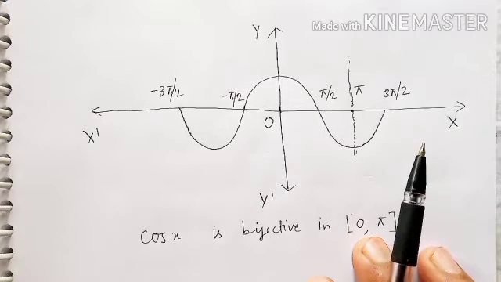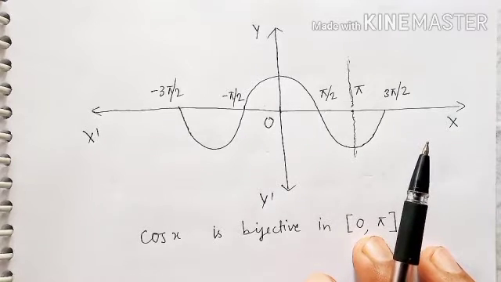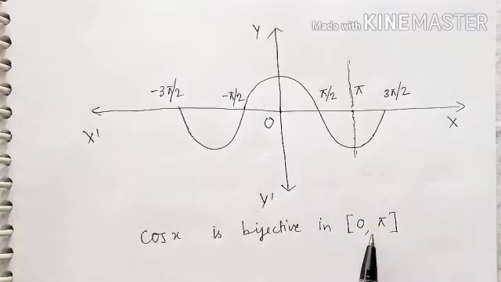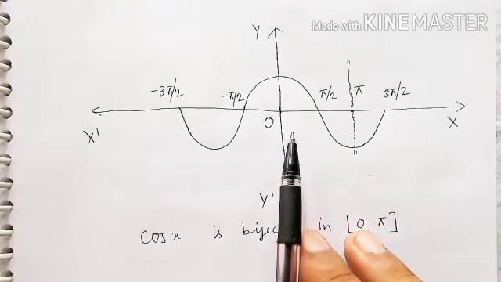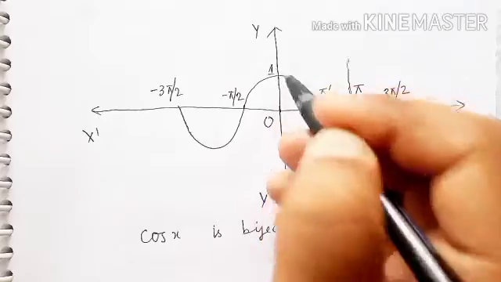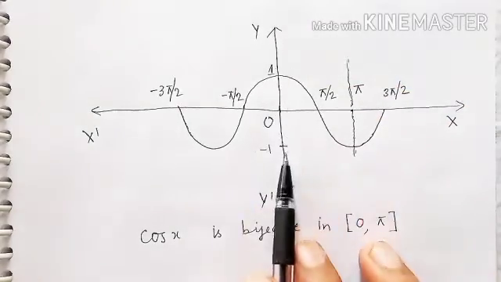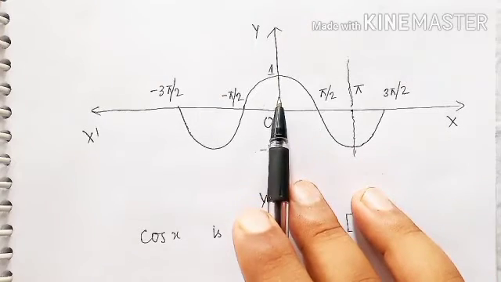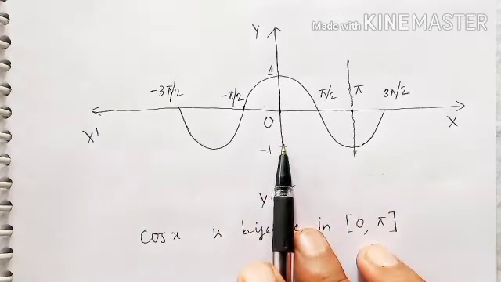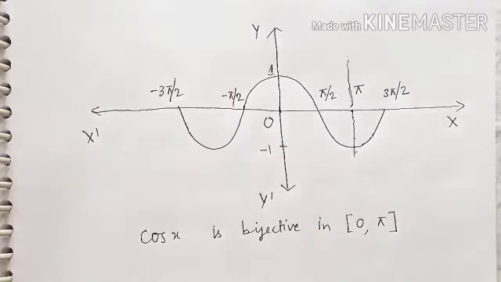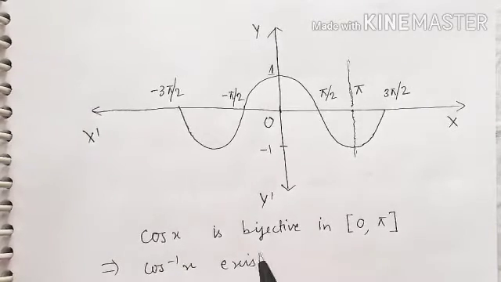You may see that an element of y has only one preimage. So it is one-one. It is onto, because in this interval between minus 1 and 1, every element is an image. So cos x is onto. This implies that cos inverse x exists in this interval.